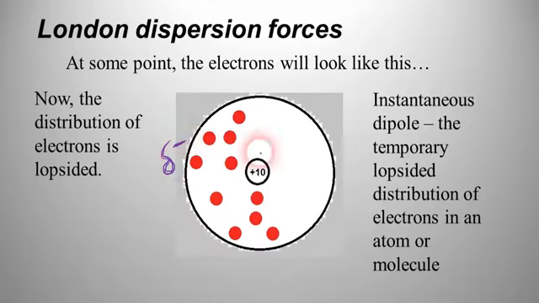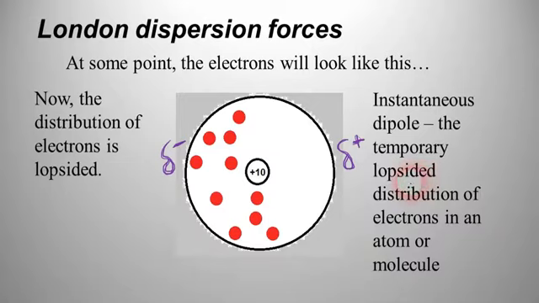Now, if that's negative, that means the other side over here has a partial positive charge. So now we have an atom that has kind of a pole to it, and this is called an instantaneous dipole. And this is what happens when you have this very temporary lopsided distribution of electrons in an atom or a molecule.